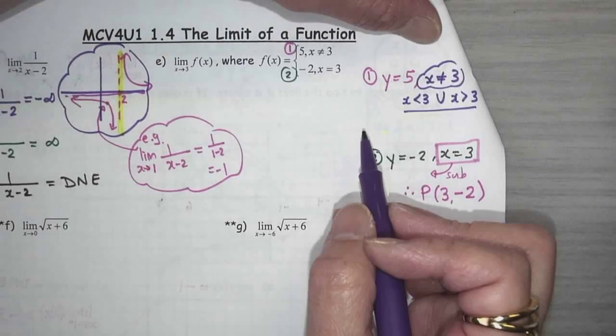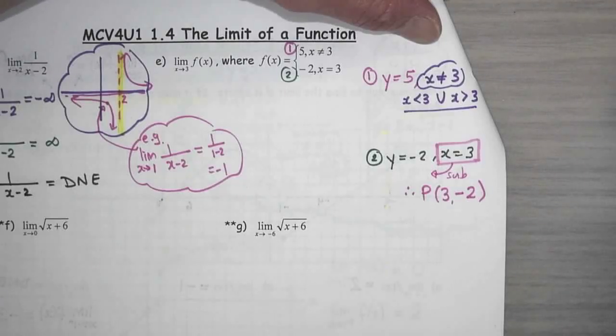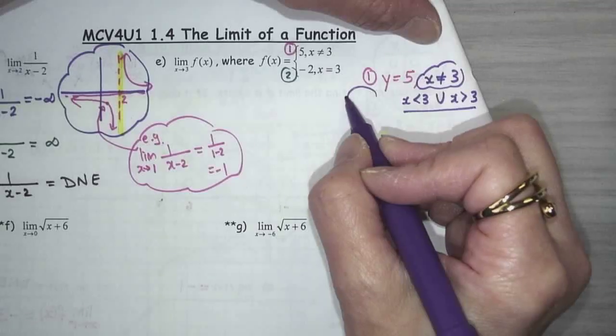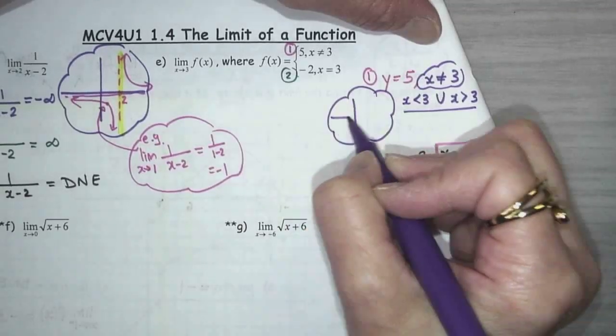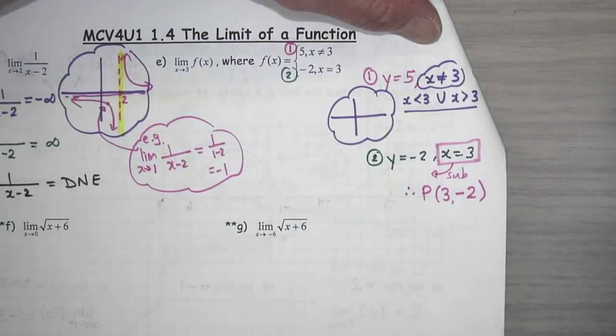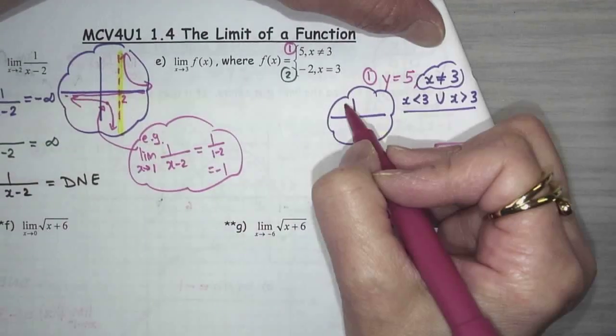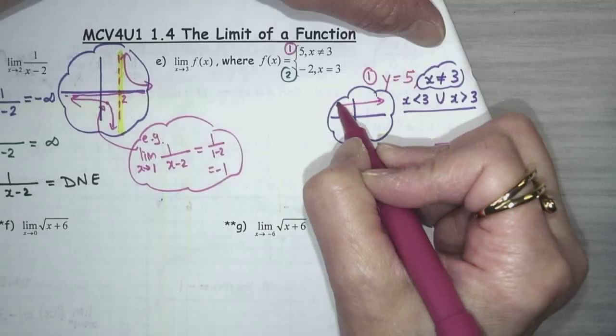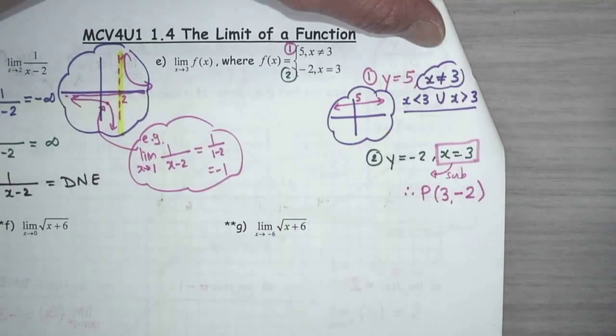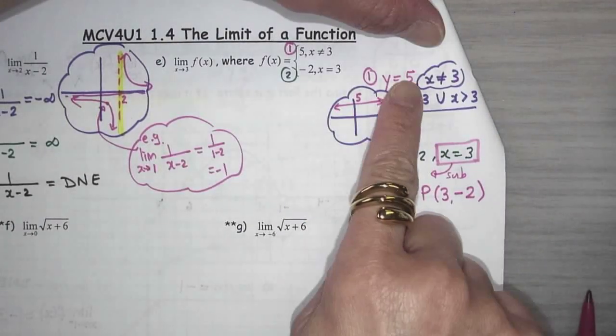All right, so then that means, and again, it doesn't ask me to draw it, but I'm going to draw a little sketch just for myself. So what I've got is the line y equals 5, which will be here. So that's at 5. Okay, y equals 5.